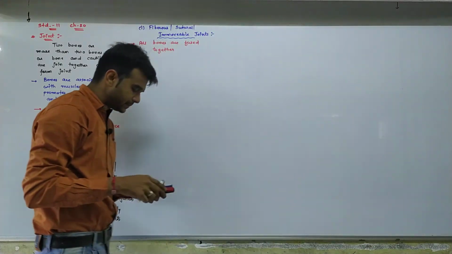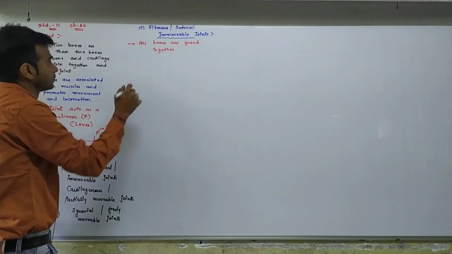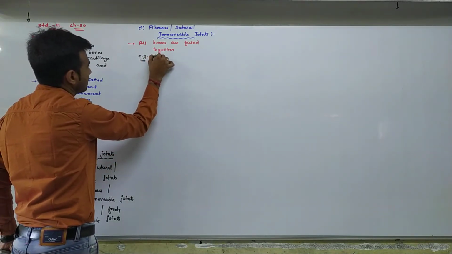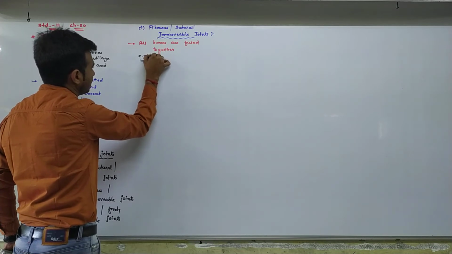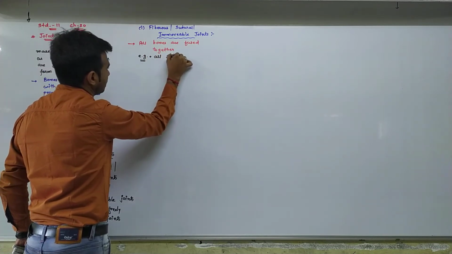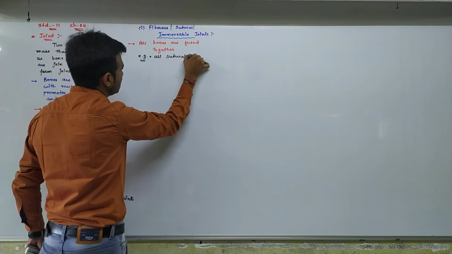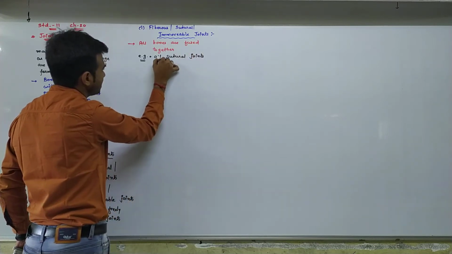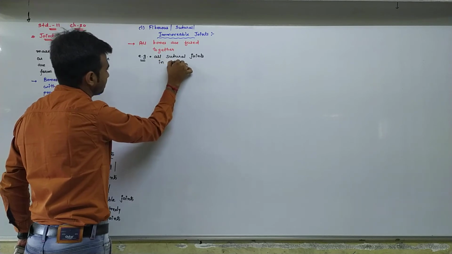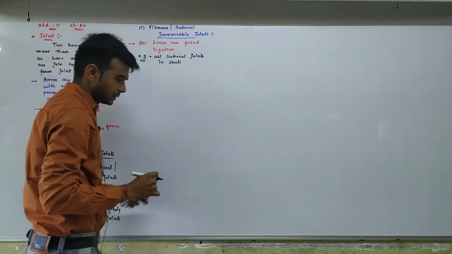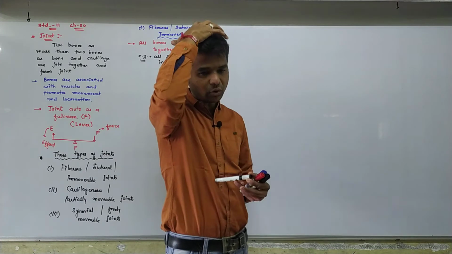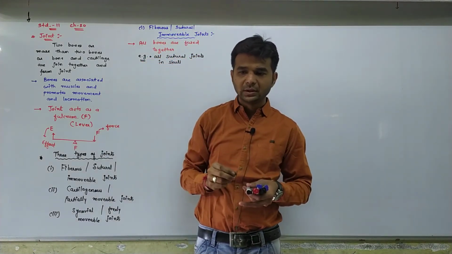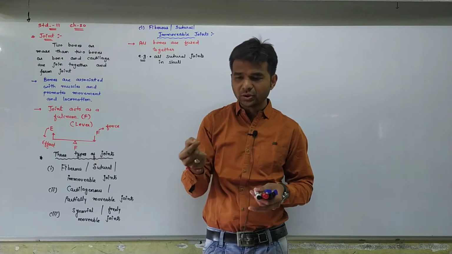For example, all sutural joints in the skull. Yes, in the skull all the bones are joined together, just like stitching.